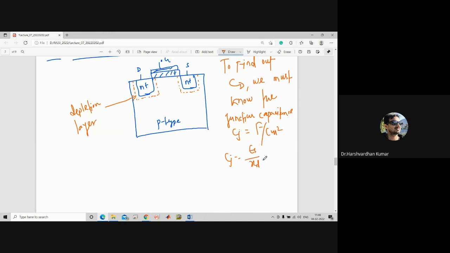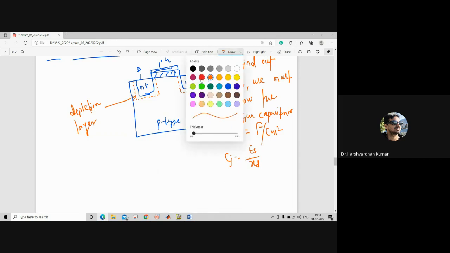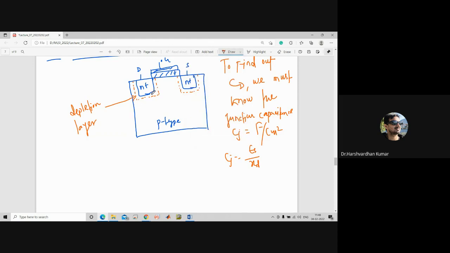I will let you know what XD is. Epsilon_s is the permittivity of this bulk material. Now we have to see what XD is here. Let us say that the thickness of this depletion layer is XD.